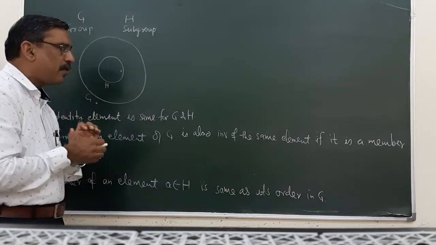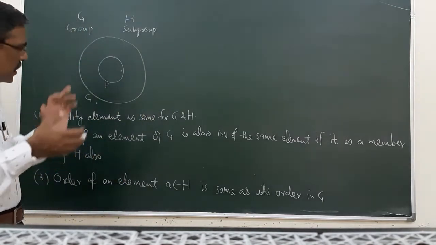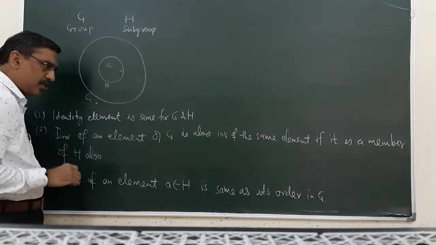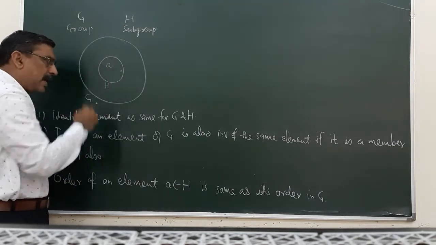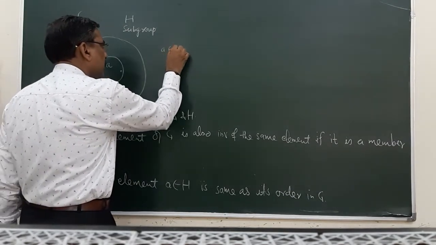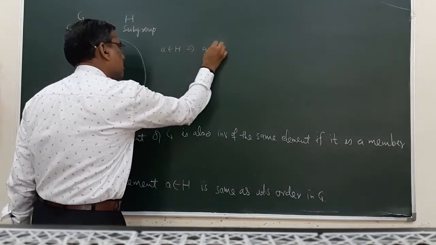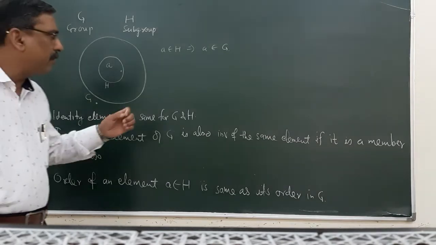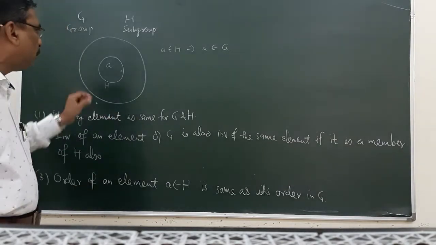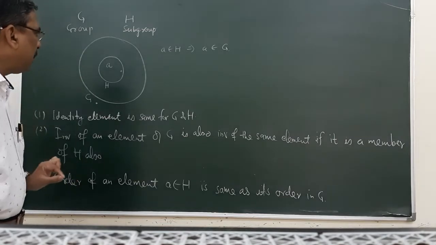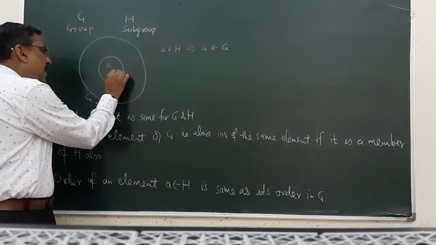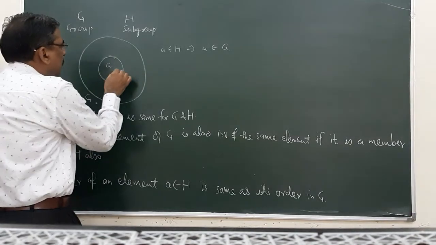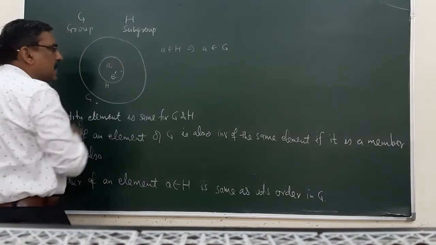Identity element is the same for G and H. Let us say A is an element of this H. Naturally, H is a subset. A belongs to H implies A belongs to G also. And we have two different identities for A, E and E dash. When A is a member of H, let us say E dash is the identity.